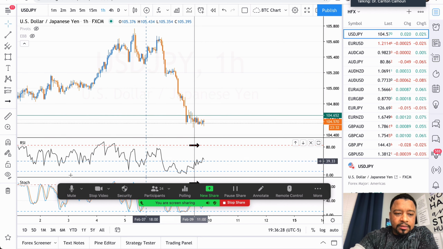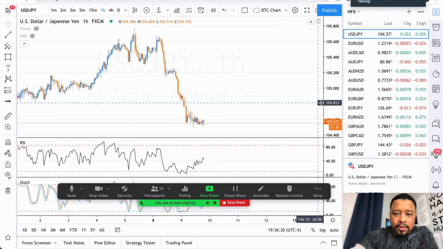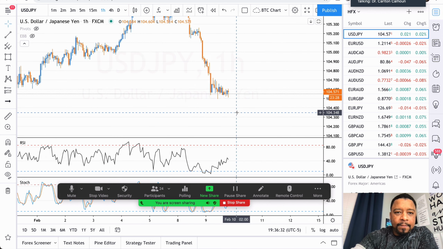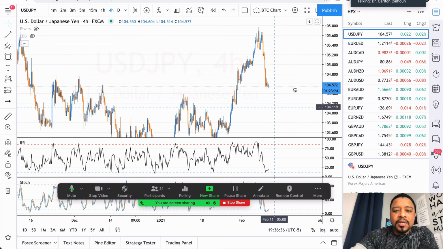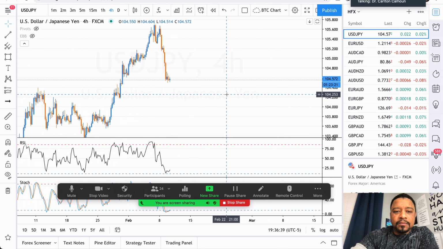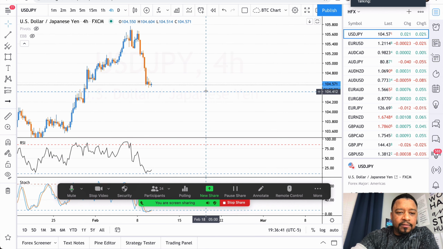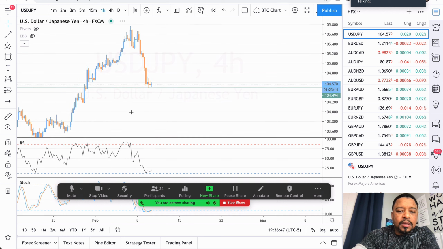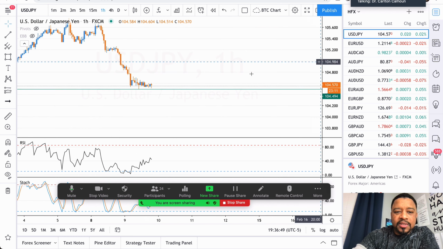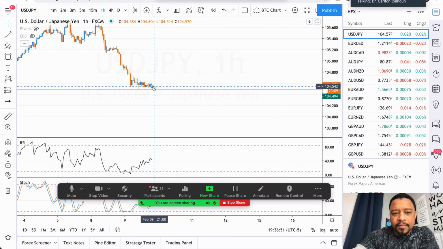So like here. All right, let's look at longer. See, this is one I would start really looking at. See what's going on around. See how it's hovering around this area?